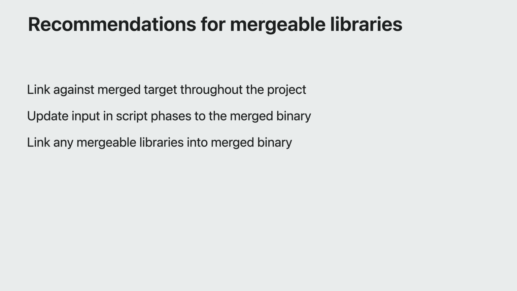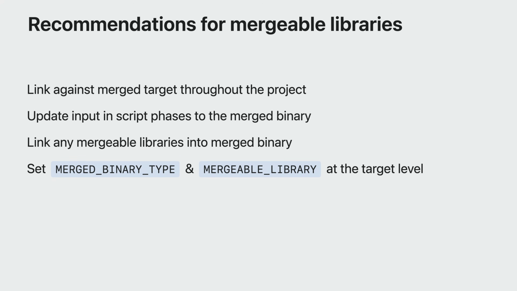So, to include more mergeable libraries, you should set them as explicit link dependencies. The settings for merging instruct the Xcode build system to remove a framework's binary from disk. This will cause side effects if it's not intentional, so we recommend enabling them at the Xcode target level. And finally, to get the biggest benefit on productivity while still optimizing for performance, consider updating any static libraries that could be mergeable to dynamic.